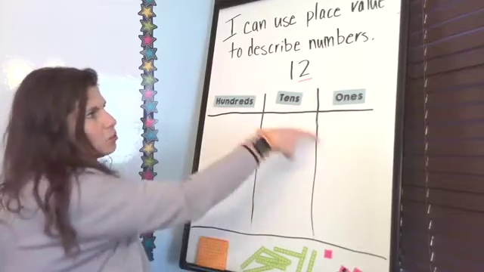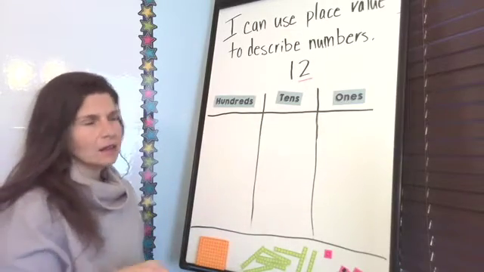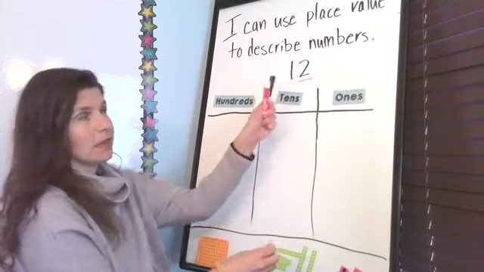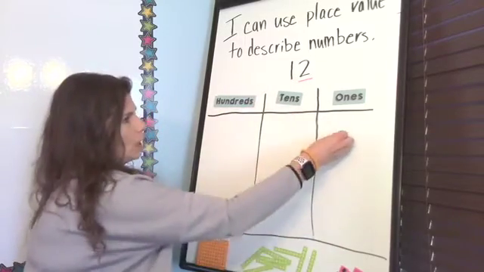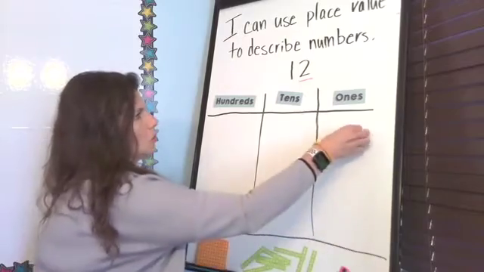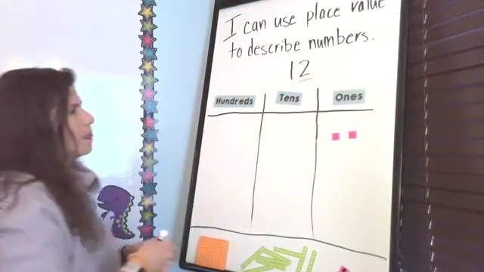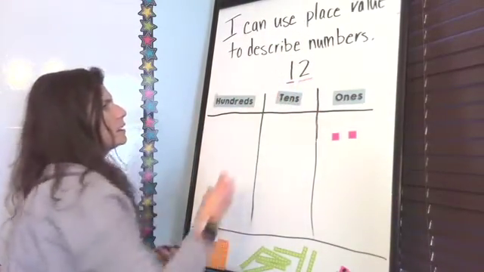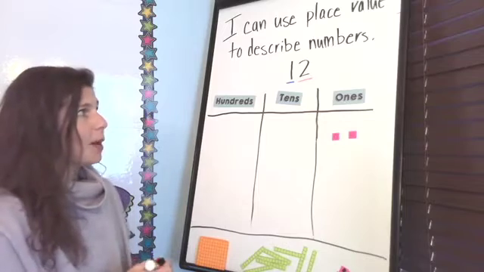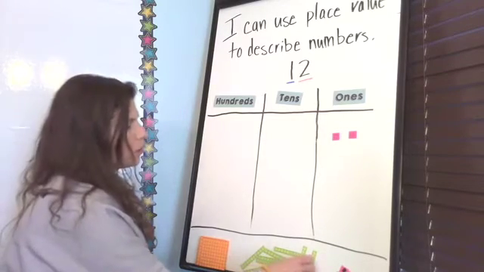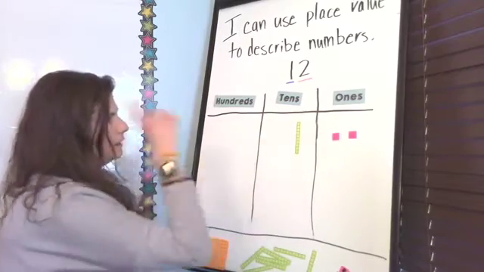Okay? So to represent that with our base 10 blocks, I'm just going to represent the one spot, which is 2. 1, 2. Okay? I'm going to grab one more marker color, okay? Now this number here is the 10 spot, okay? So I'm going to take a 10 or a long to represent that, okay?